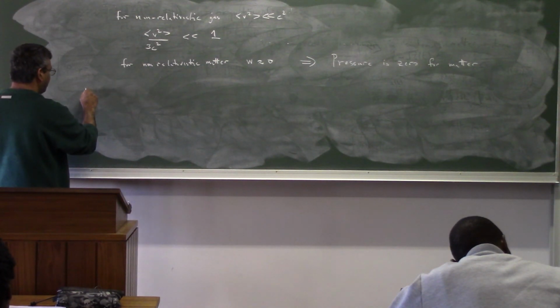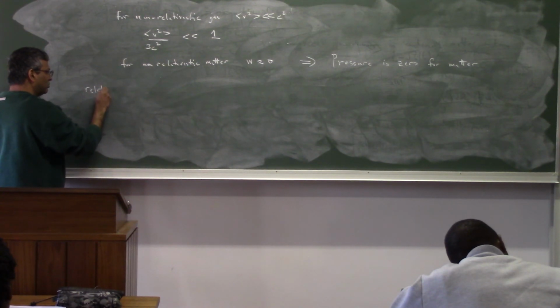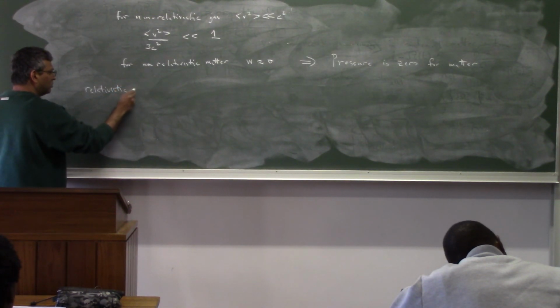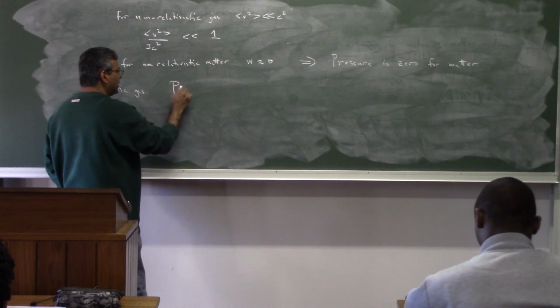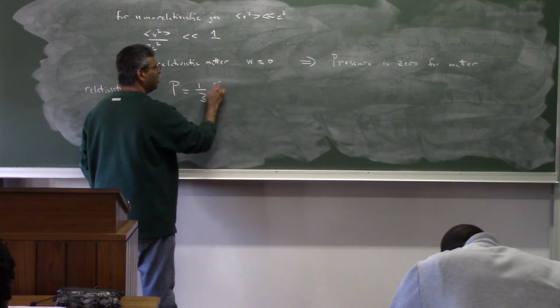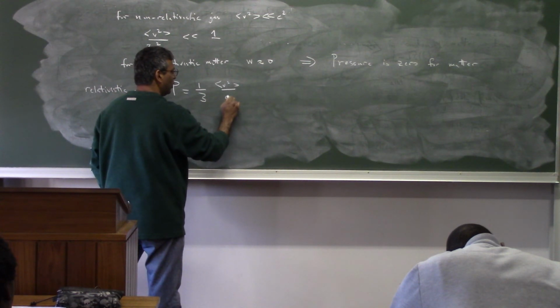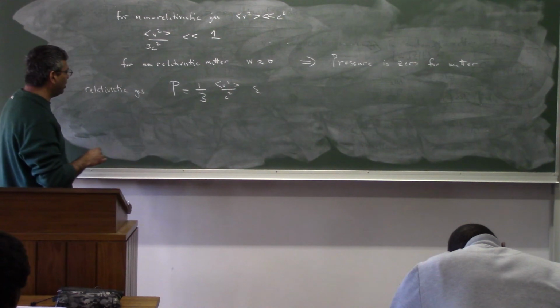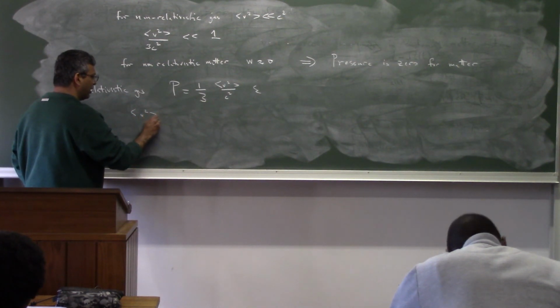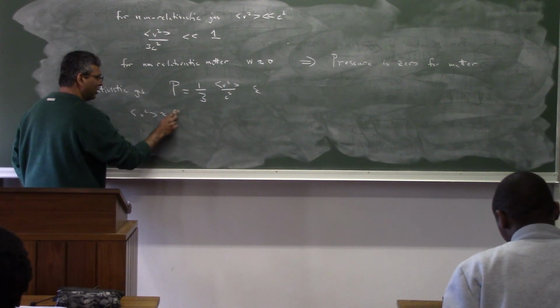Now how about a relativistic gas? We derived that P is 1/3 v squared over c squared times the energy density. For a relativistic gas, v squared is about c squared.